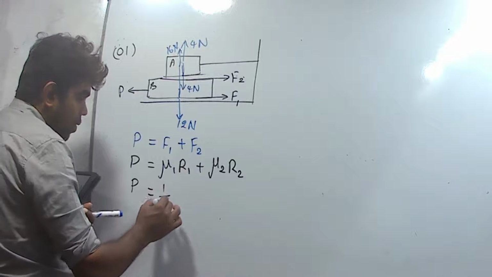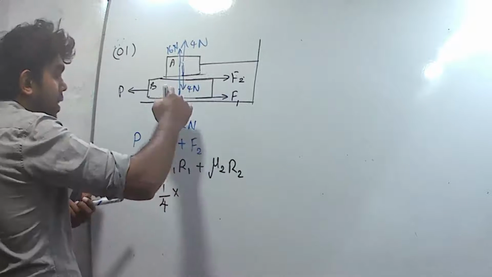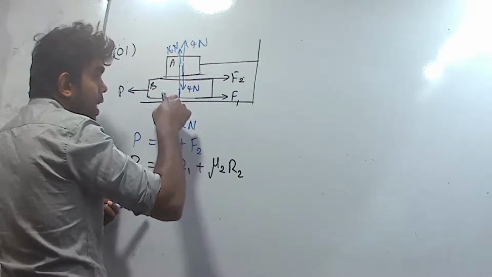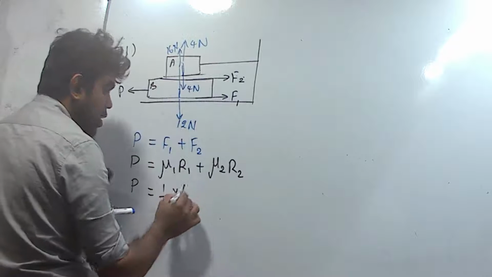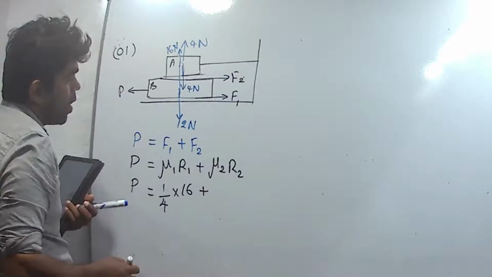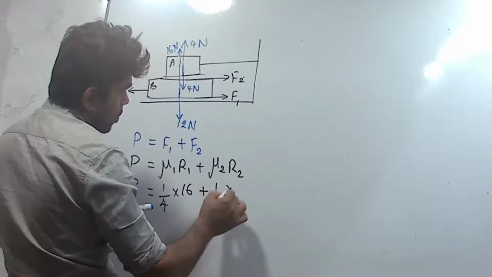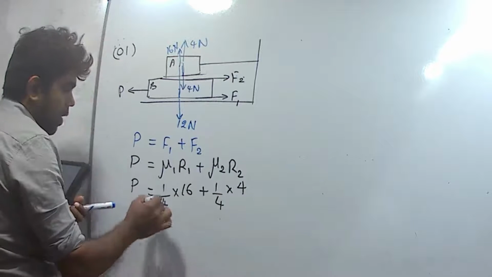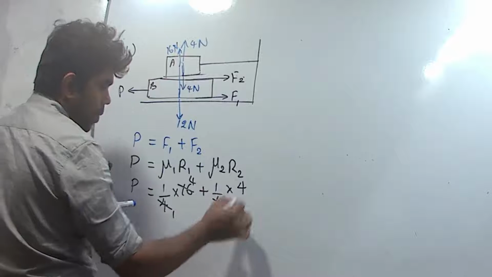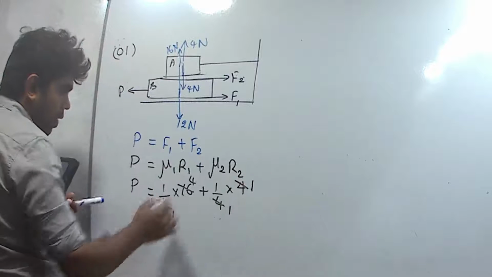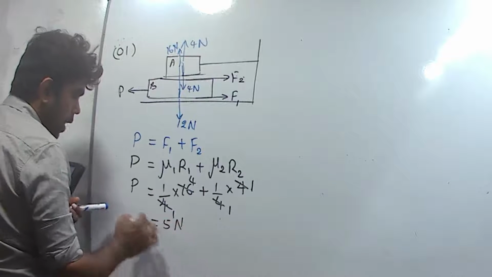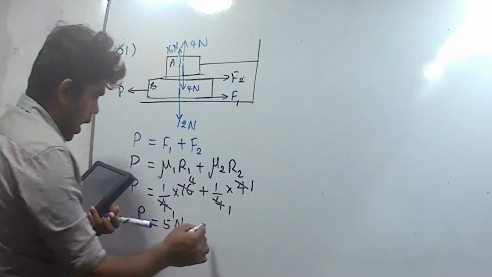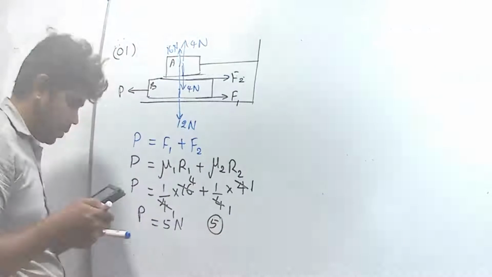Then mu1 is 1/4. F1 is the force from the bottom surface, so we consider the reaction from the bottom surface, 16, plus mu2, 1/4, times the reaction from the upper surface, 4. Then we can simplify: 4 plus 1, 5 Newton. It is the minimum force required to move the object B. Then the answer is 5 for question number 1.